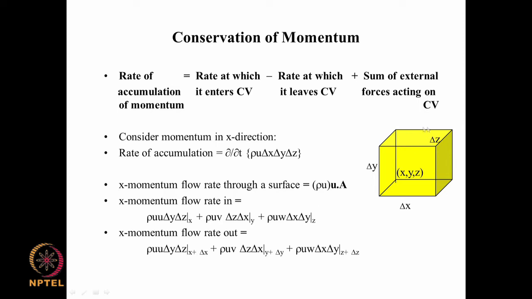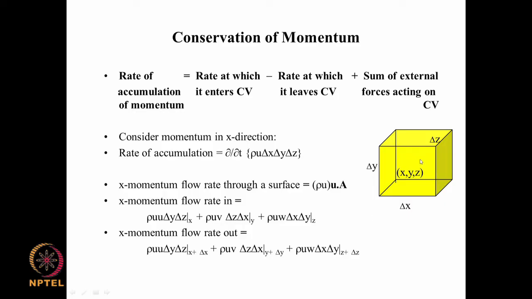And similarly, through the back face there are particles entering, and they constitute a flow rate of rho w delta x delta y, and each of them has a velocity in the x direction which is given by the velocity at that location. And what is that location? It is the midpoint of this particular plane. So, that plane is at z at the center, and it has an x coordinate which is x plus delta x by 2, and a y coordinate which is y plus delta y by 2.